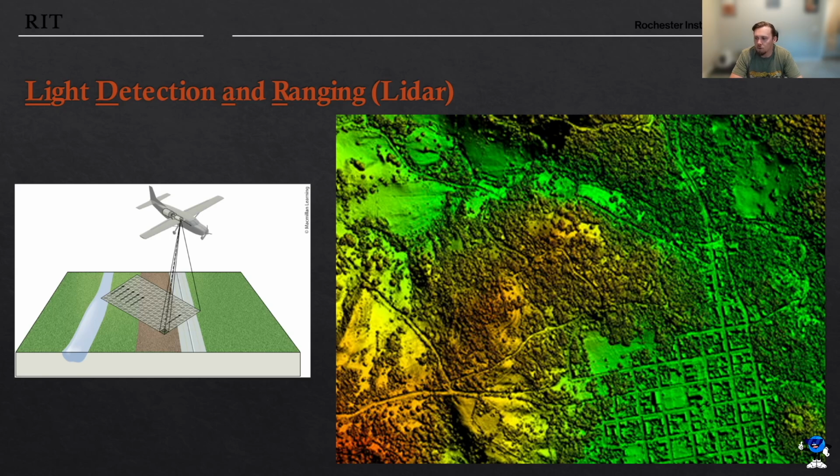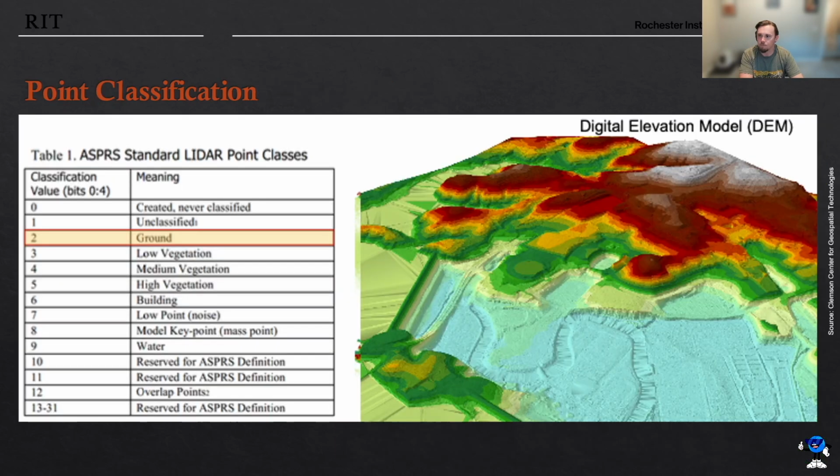LiDAR points can also measure the heights of features such as tree canopies or roofs of buildings and can be used to create realistic-looking 3D models of these objects on Earth's surface. These digital surface models can be developed using LiDAR to measure the heights of all types of things on Earth's surface, not just the ground. Points are labeled with a standardized description or classification.